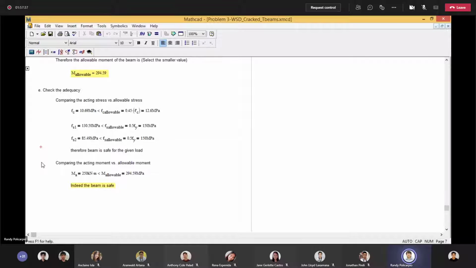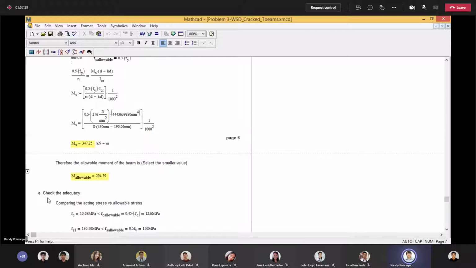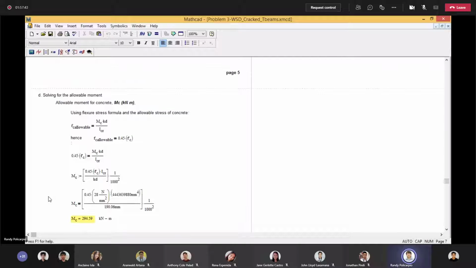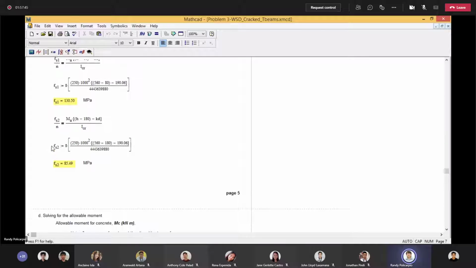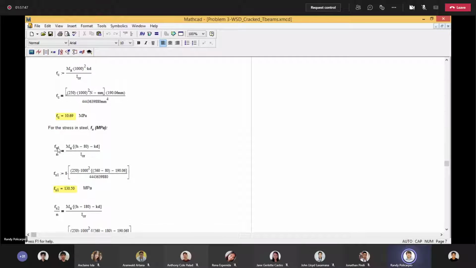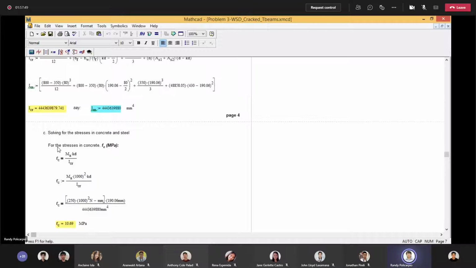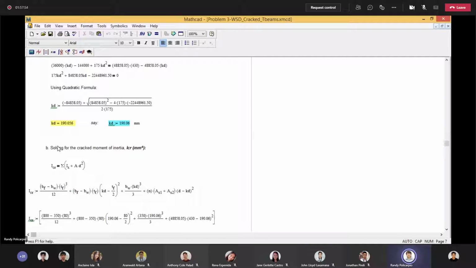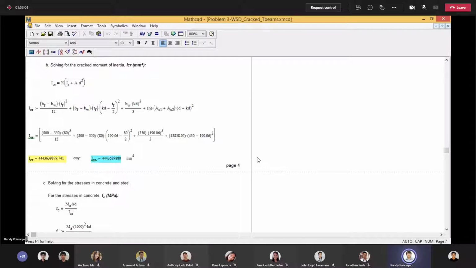Okay, so probably yun ang mga bagay na may experience nyo na difficulty in case of you are not familiar, no? Yung pagkuha ng cracking moment, yung pagkuha ng uncrack moment of inertia, no? Yung crack moment of inertia or uncrack moment of inertia, then the location of the neutral axis. Yung part na medyo mabigat-bigat, no?